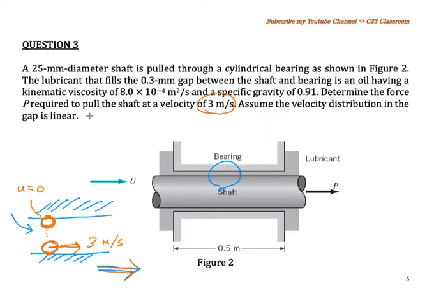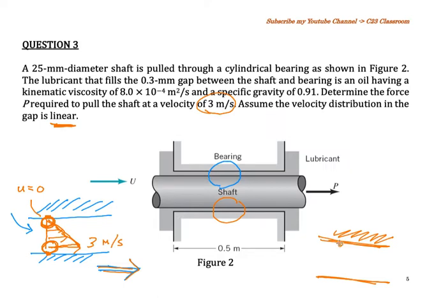Because the velocity distribution is linear, we could assume that the velocity distribution will be something like this. I hope you could draw the velocity distribution for this mechanism. We have a shaft area here, and a bearing here.